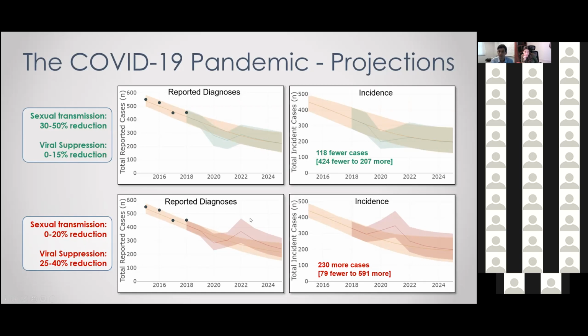But what is interesting and maybe concerning is that even in these scenarios where you're getting more cases, you're seeing an initial drop in diagnosis, which is probably due to fewer people being tested as the pandemic also disrupts testing patterns. And if you look at these two, you're not going to be able to tell them apart in terms of reported diagnoses; they look similar for the first few years.